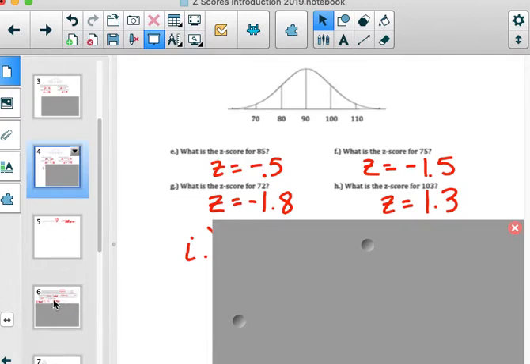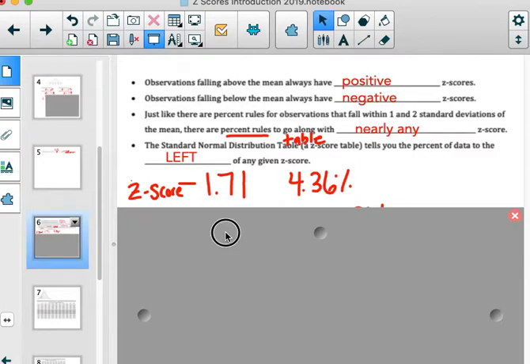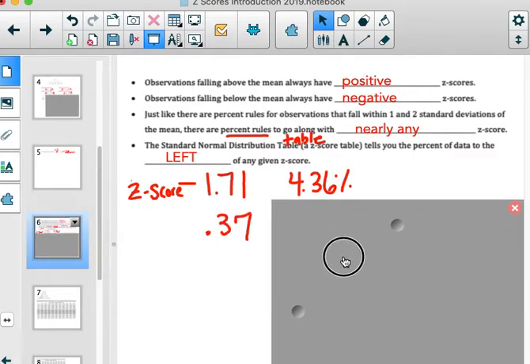Why don't you all find this one? Let's go back to my examples. Find a z-score of 0.37. So you flip your paper over and go to the positive side. 0.37. Point to it with your finger.